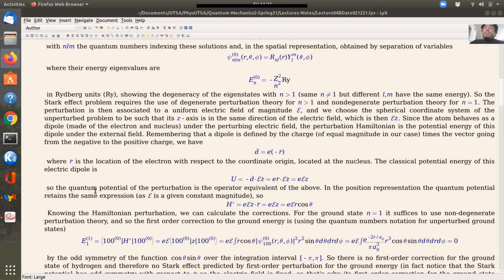So, okay, the quantum version of this potential, it's basically the operator equivalent, but in the position representation, we just have the same. And so if you define H prime as the related operator in position space or position representation, you have, okay, electron charge, or proton charge, sorry, times the magnitude of the electric field, and then C dot R, right?